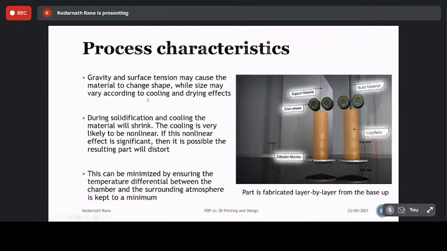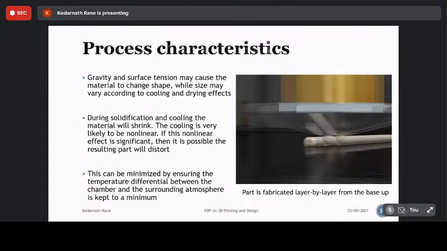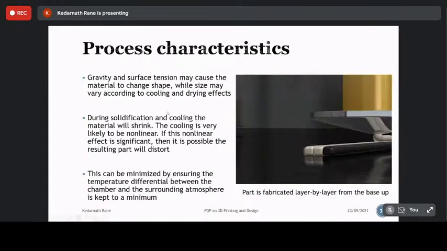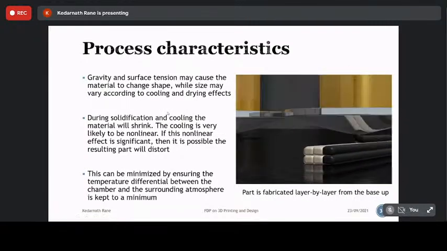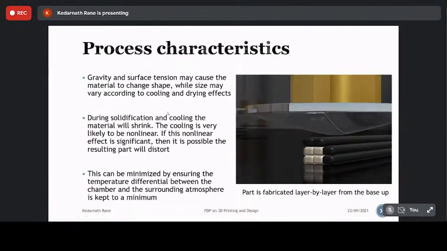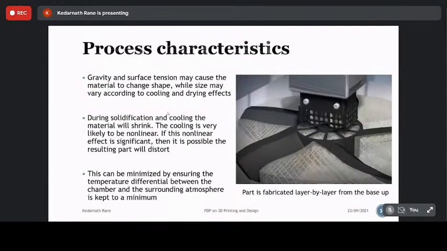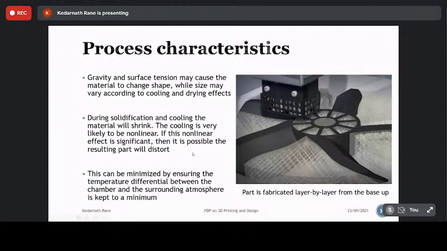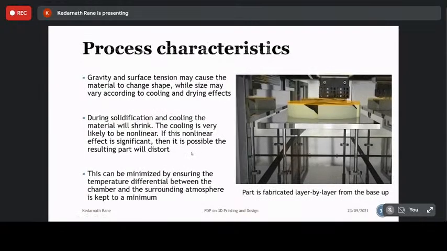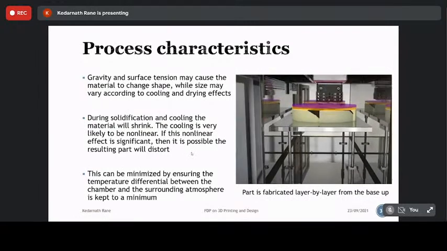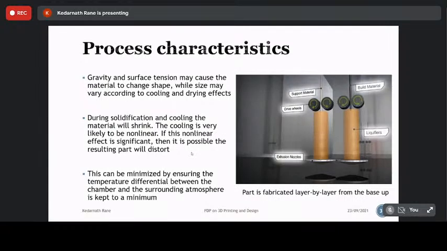Another aspect is that gravity and surface tension are important when you consider the cooling and drying process. The part should not distort or get damaged because of gravity and surface tension loading. Solidification and cooling will have their own impact, because the binder constituents, which are in polymer form, undergo a phase change.